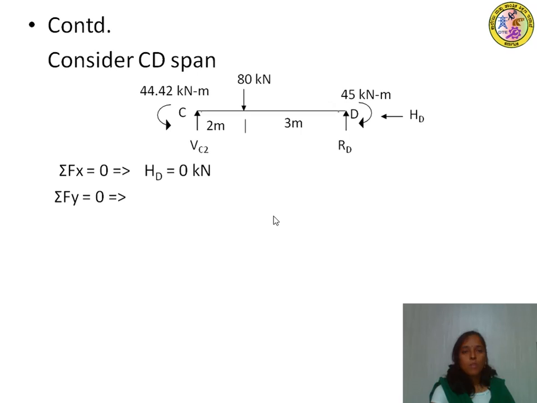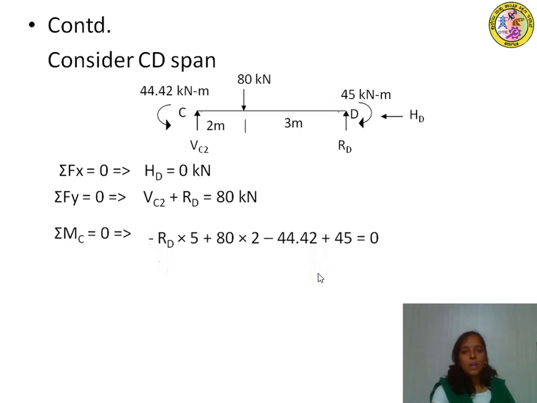Next apply sigma Fy is equal to 0, which implies VC2 plus RD is equal to 80 kilonewton. Next sigma MC is equal to 0, that implies minus RD into 5 plus 80 into 2 minus 44.42 plus 45 is equal to 0. That implies RD is equal to 32.1 kilonewton, and then VC2 is equal to 47.9 kilonewton.